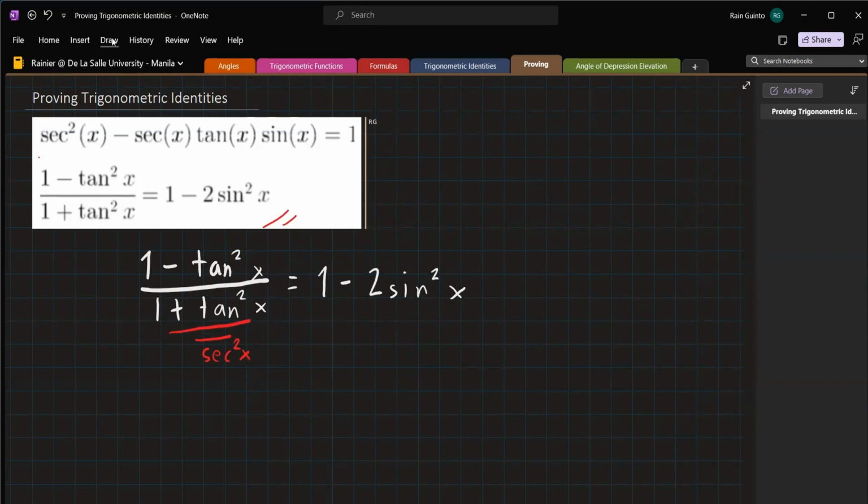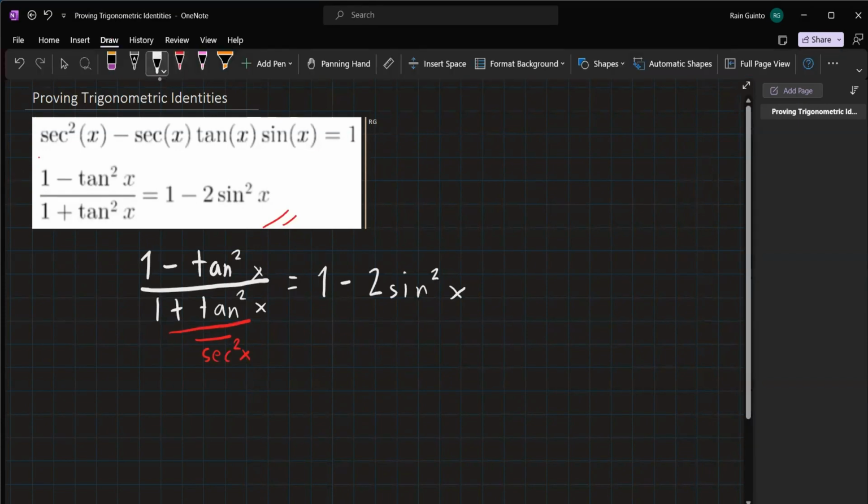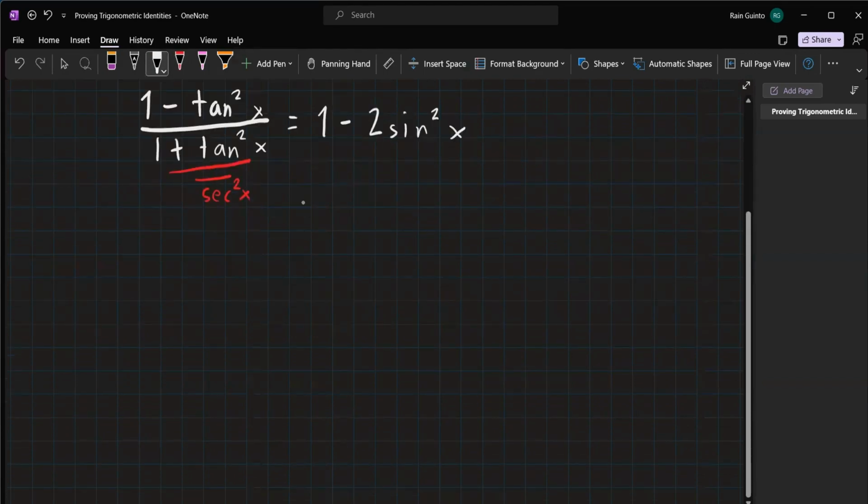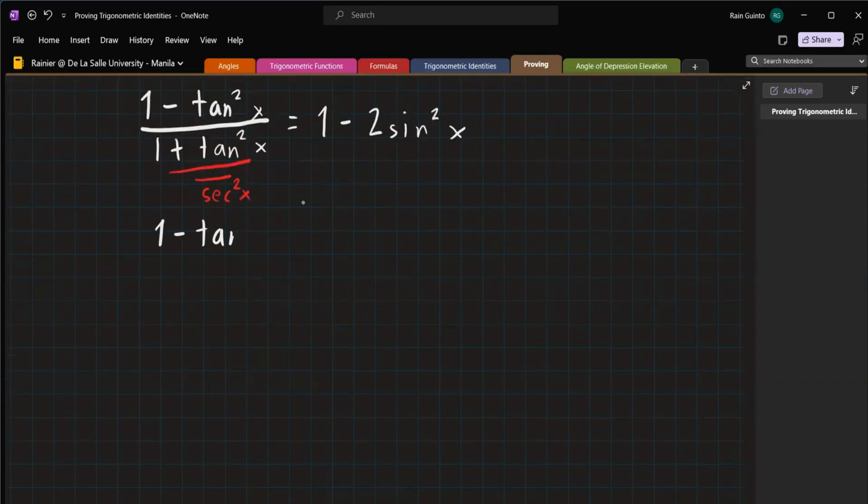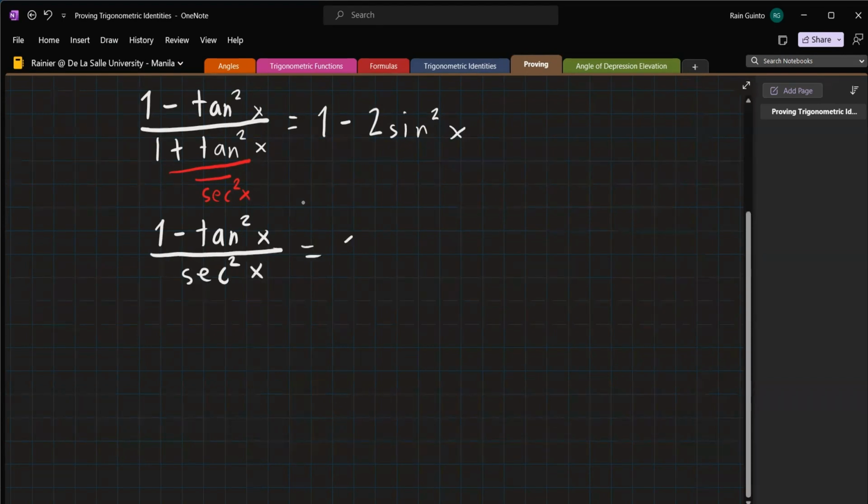So that means that the left-hand side of the equation that we are proving is equal to 1 minus tangent squared x over secant squared x. Now, what are we going to do starting from here? Well, we can actually divide this into two parts.